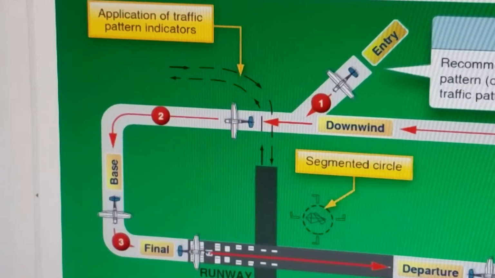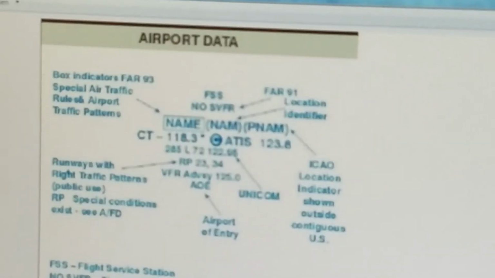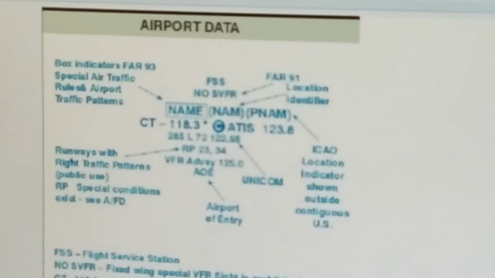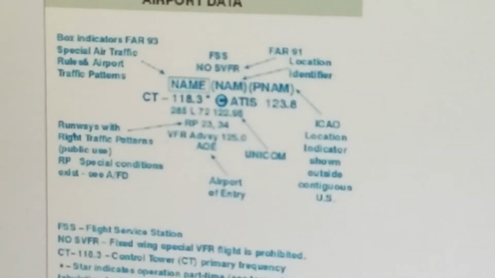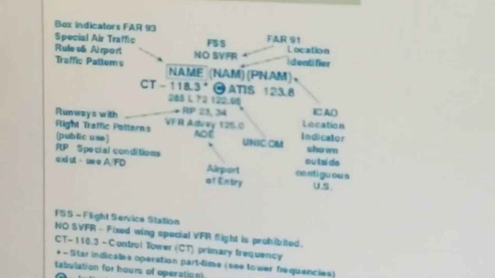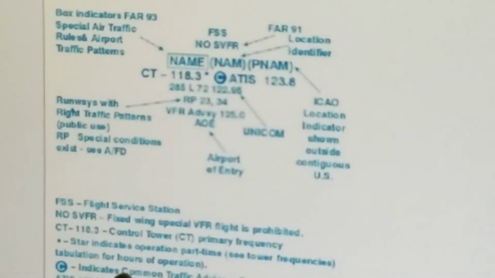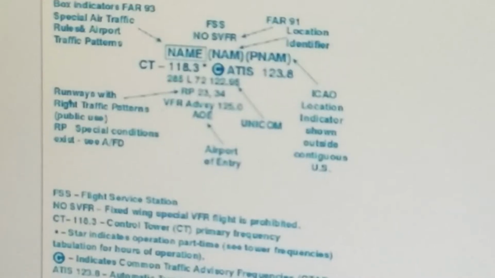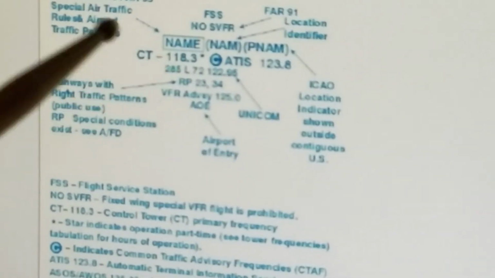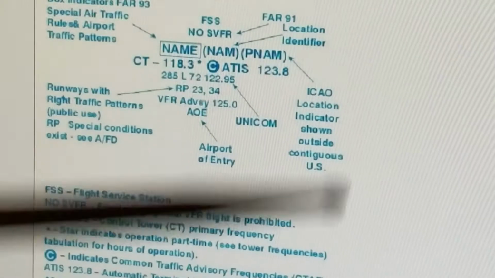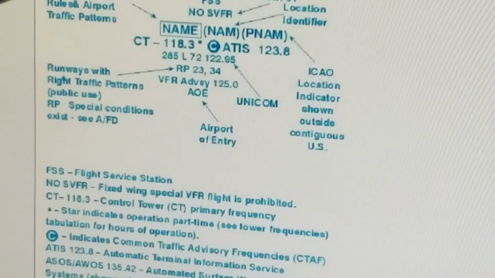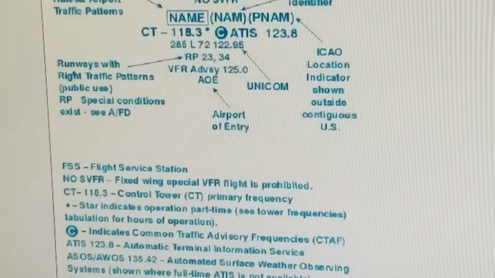Okay, let's go on. Okay, friends, one more sure question would be the Common Traffic Advisory Frequency, CTAF. See, what I did was from the sectional aeronautical chart legend, I copied and pasted this portion only and enlarged it so that you can see it better.